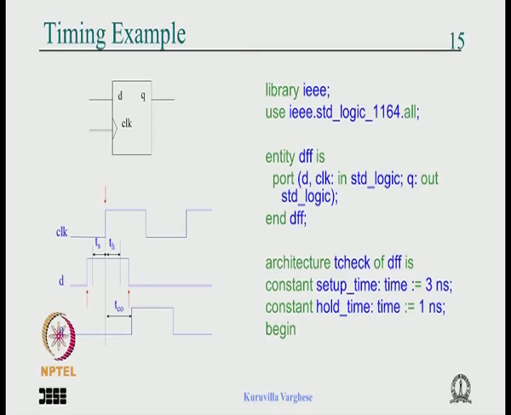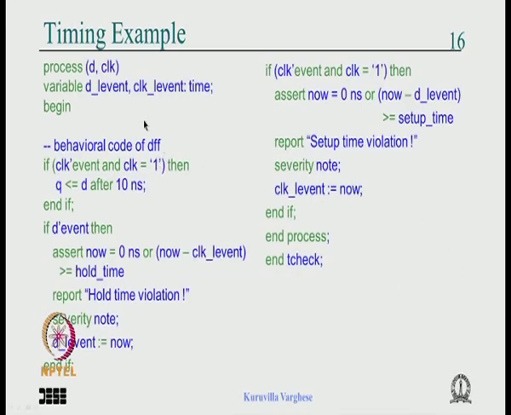Then we begin, and now you know that we write a process wherein we write the behavioral code for the D flip flop, and we also check what happens if there is an event on D and if there is a positive edge on the clock. If you write only the behavioral code you need only the clock in the sensitivity list.